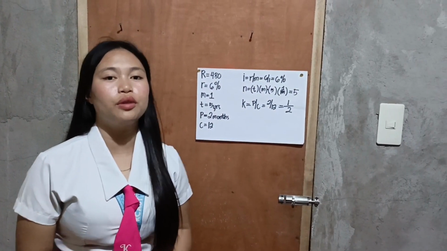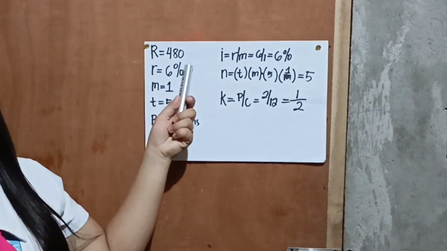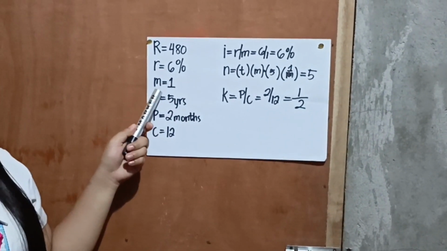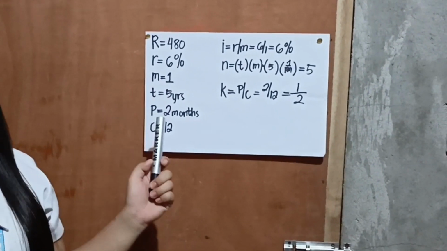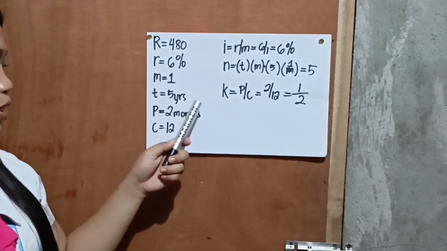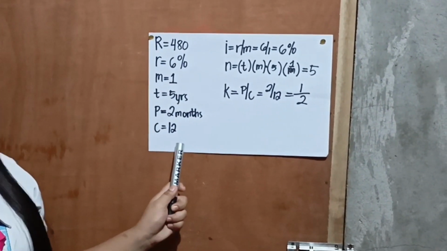This is the given that we found from the problem. R is equal to 480 and the rate is 6%. M is 1 because it is compounded annually and T or time is 5 years. Then P is 2 months and C is equal to 12.